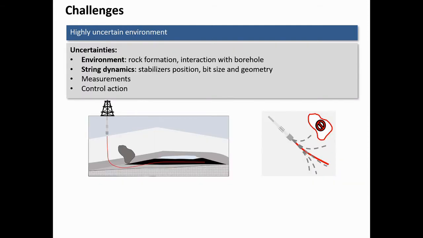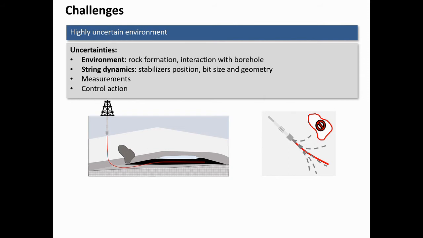The other challenge that we had in mind was that we are drilling in a highly uncertain environment. There are many sources of uncertainty, such as, as you can imagine, the rock formation, and also the string dynamics play an important role.